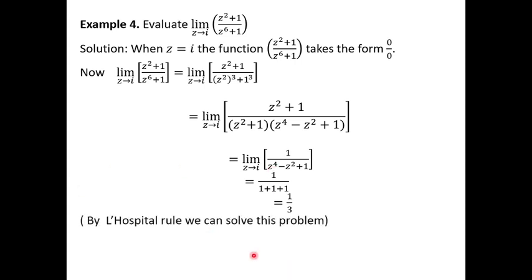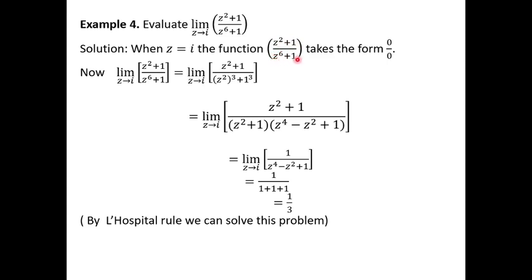Here I already told you, if you get 0 by 0 form or infinity by infinity form, then we use the L'Hospital rule. What is the L'Hospital rule? It is nothing but differentiating numerator and denominator separately with respect to z. What is the differentiation of z square plus 1? Differentiation of z square plus 1 is 2z.